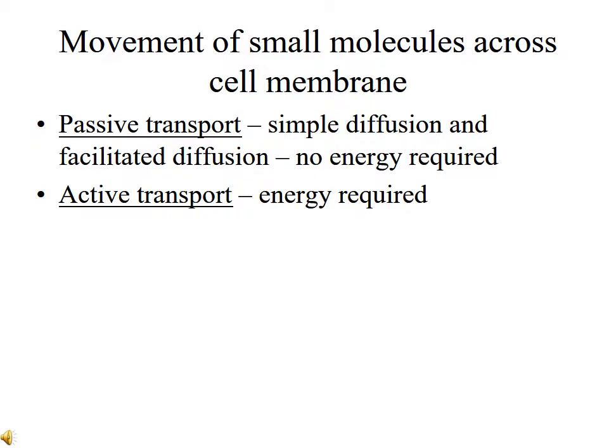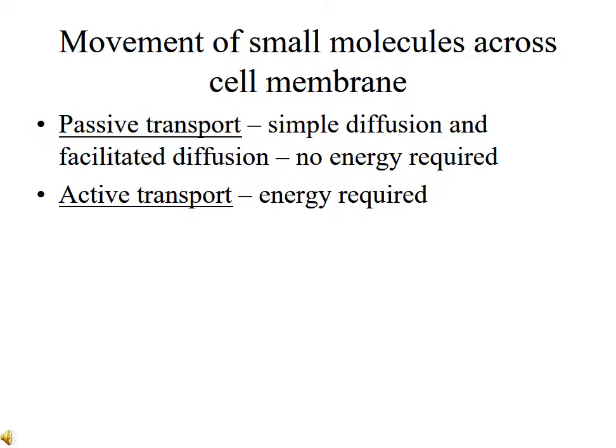So now let's get back to the main point of this lecture: movement of molecules across the cell membrane. We've discussed the concept of diffusion, we've discussed the concept of osmosis, but now let's look at movement of small molecules across the cell membrane, and we can break it down into two categories. One is passive transport, and the other is active transport. In passive transport, we are basically looking at simple diffusion and facilitated diffusion.